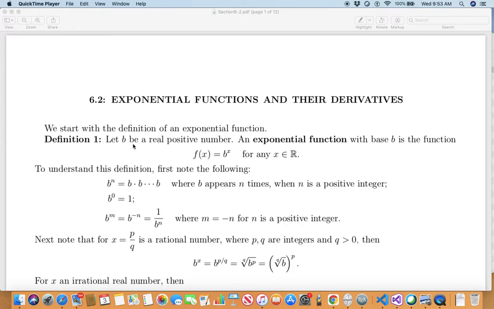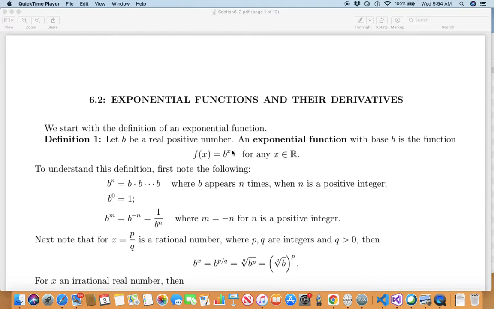First of all, notice we want b to be a real number because we want f to be real valued. If I place in a complex number here, this does have a meaning, but it takes some work to understand it, and it's no longer a real valued function. Moreover, I don't want b to be a negative number, because exponents can be fractions, say 1 over 2.